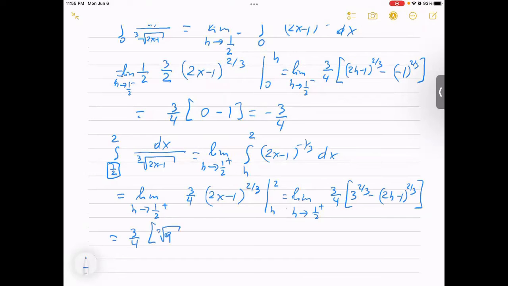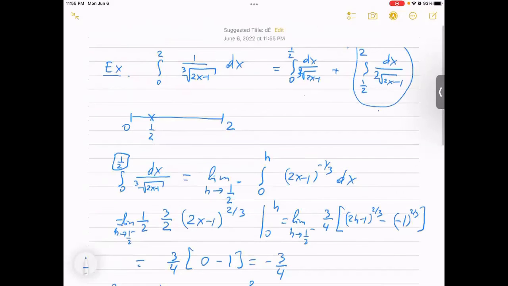The cube root of 9 minus, with h equal to 1/2 at the limit value, 2 times 1/2 is 1, 1 minus 1 is 0. So we get 3/4 times the cube root of 9. That will be the second one. You remember the first one was equal to negative 3/4.